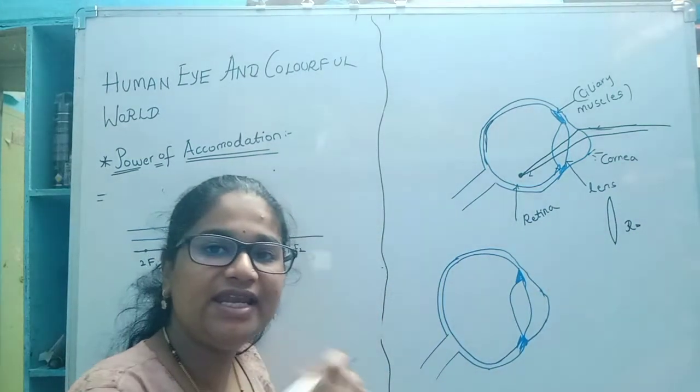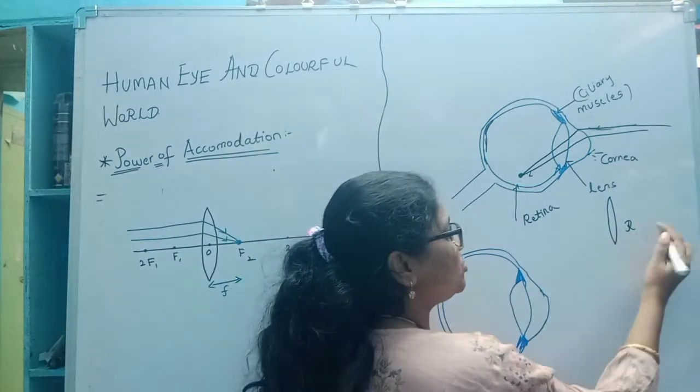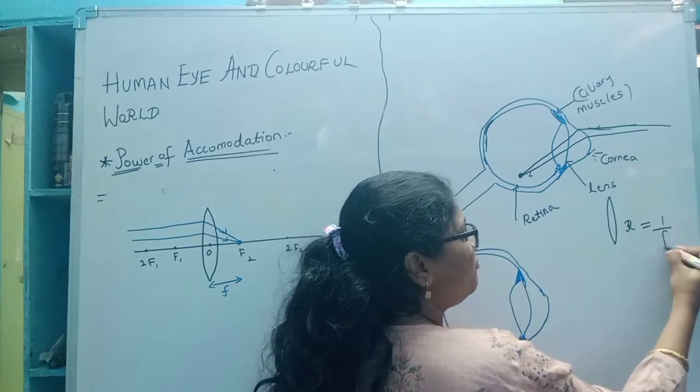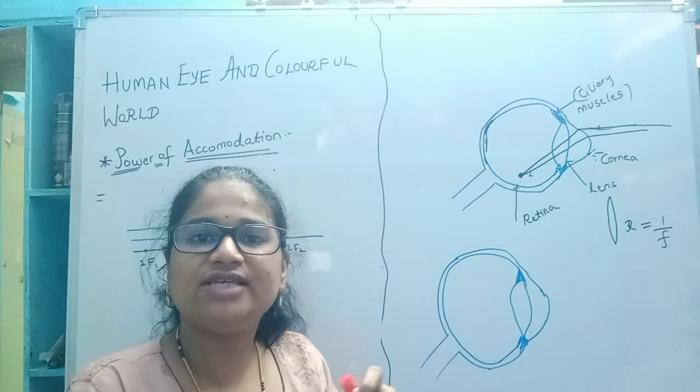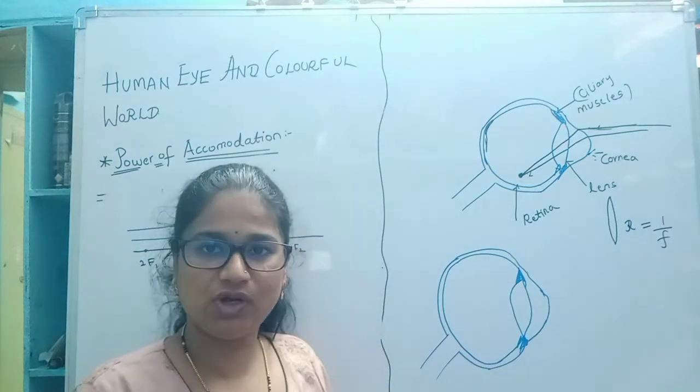When the radius of curvature becomes less, the focal length increases, because the radius of curvature is directly proportional to the focal length.